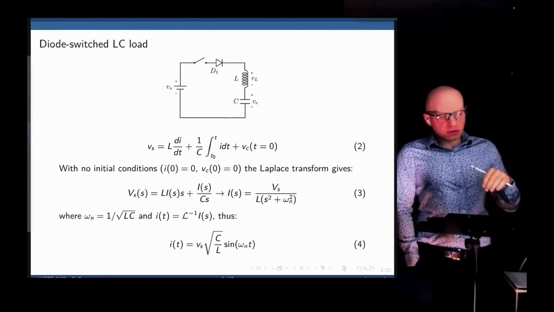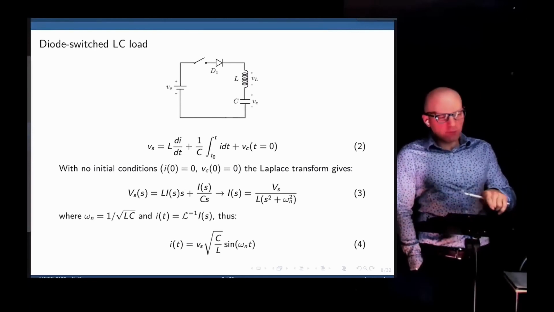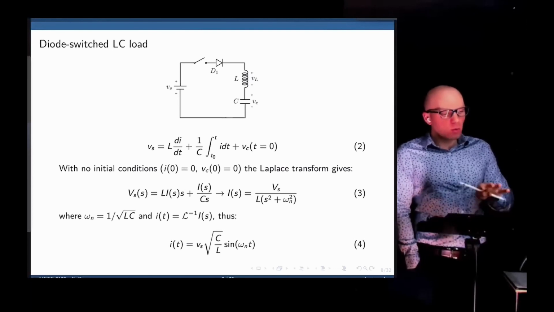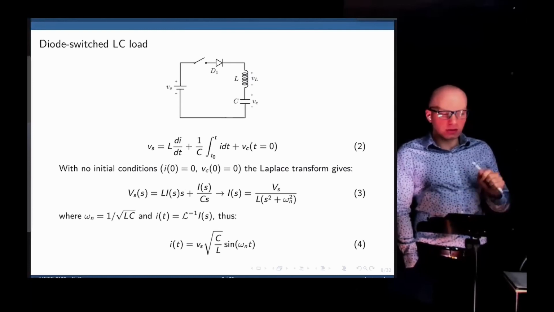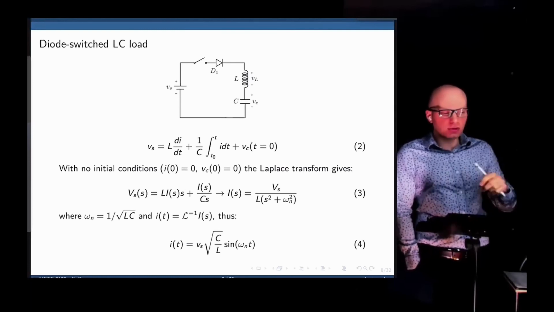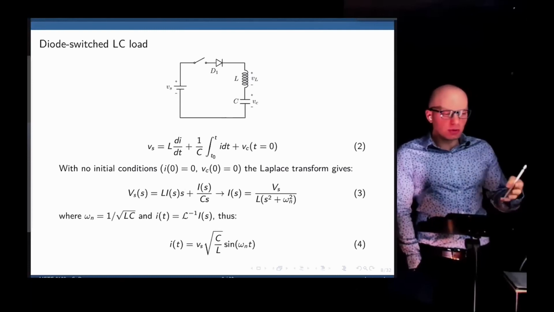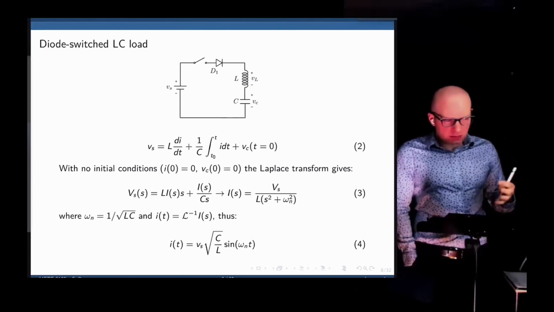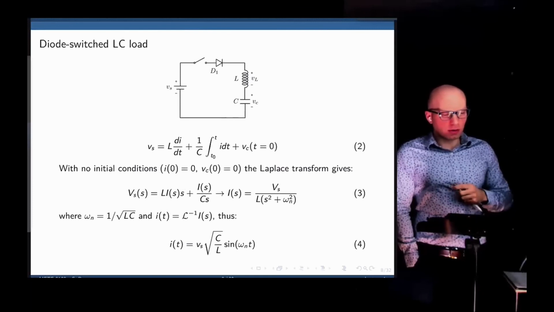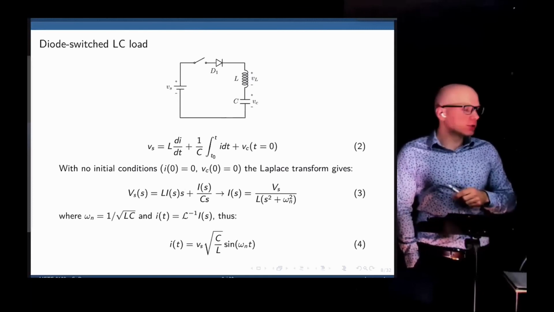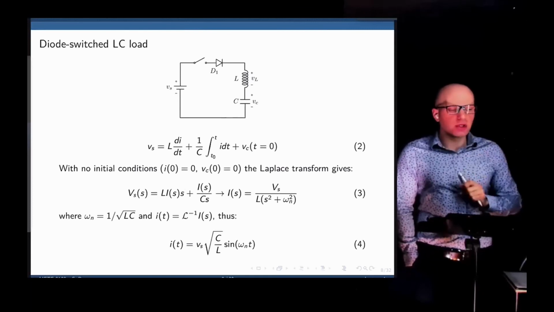Now, from control systems, we model this. If we don't have any resistors, what should we expect to see as the current flowing through this? Should we expect that to reach a steady state? Should it be sinusoidal? Should it be zero? What would you expect to see in terms of current flowing through this when the switch is closed and there is no diode?